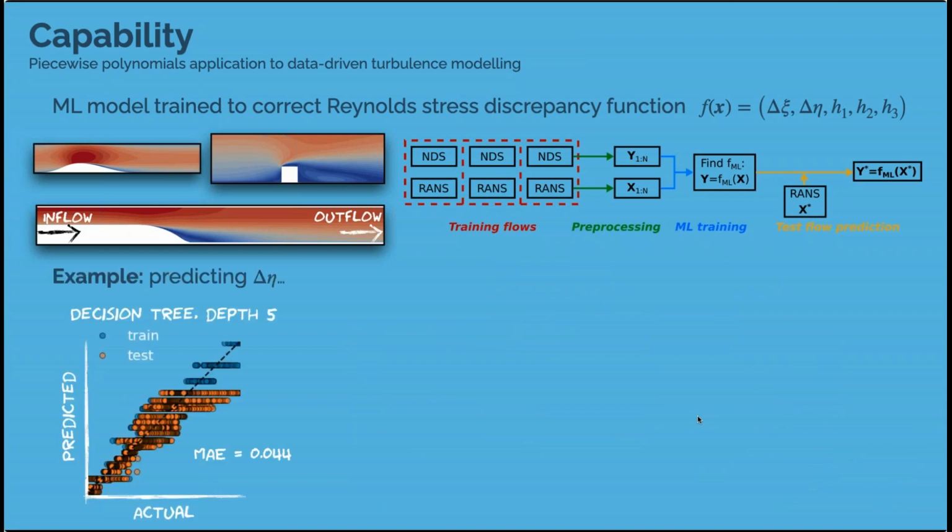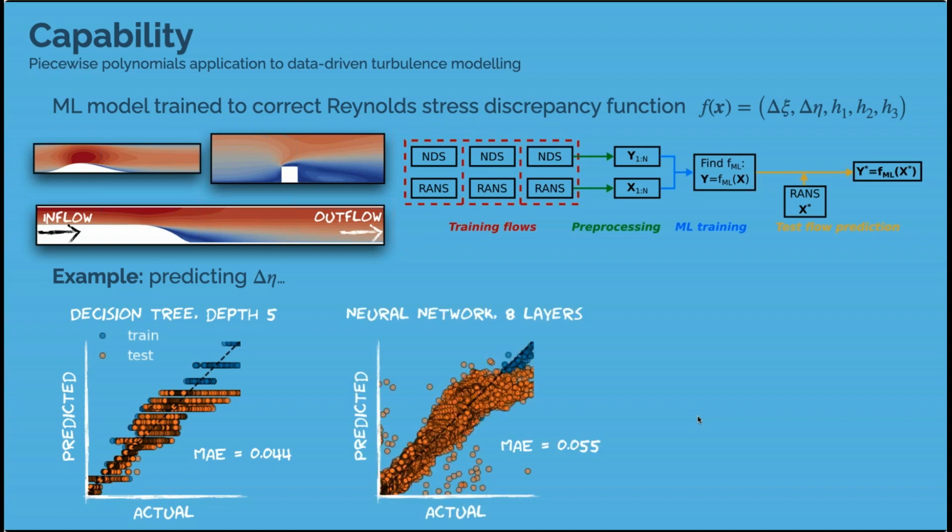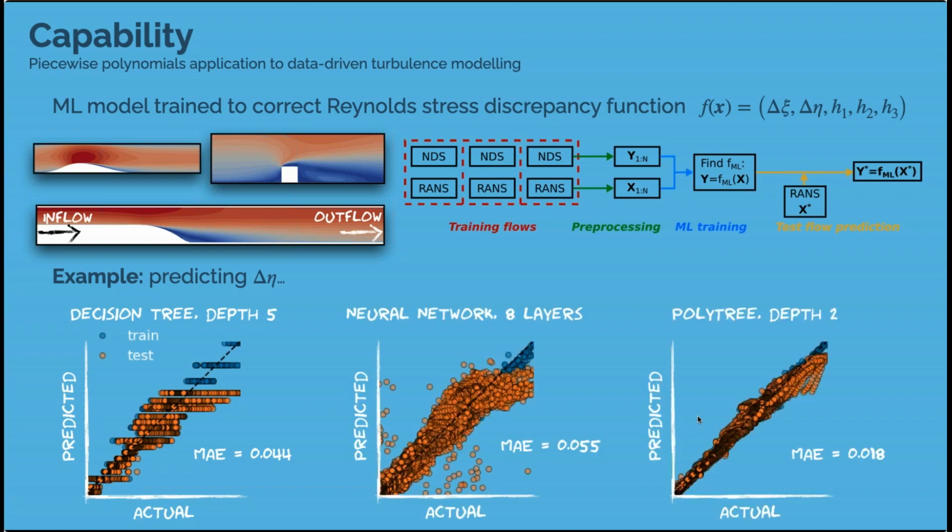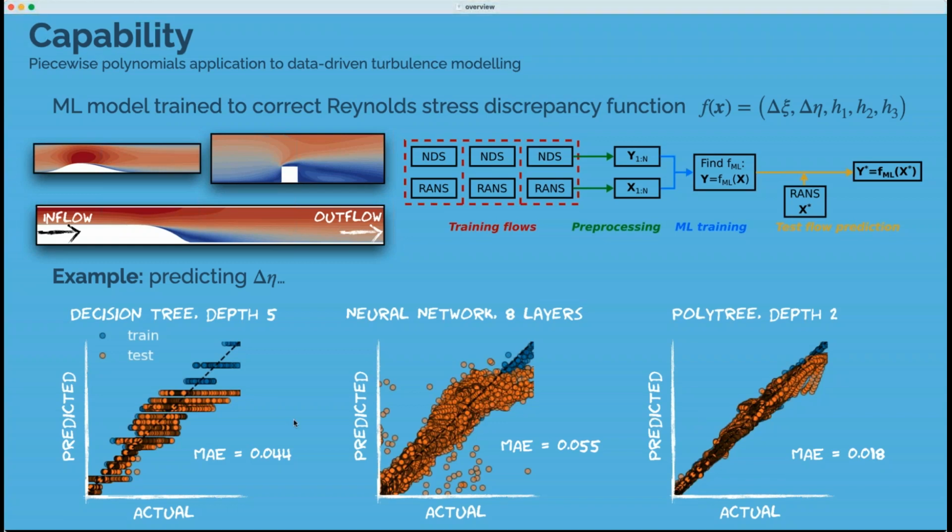I'm going to skip over this, but this is a more CFD-driven application where we train the model to address the stress discrepancy between RANS and LES effectively. And this is a comparison with decision tree. I want to just remark that this isn't a heavily optimized network.